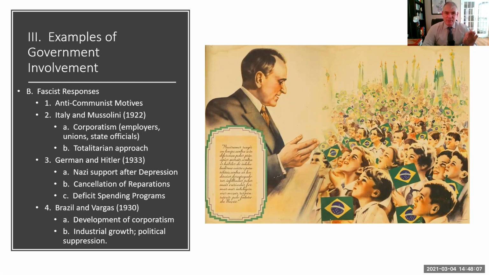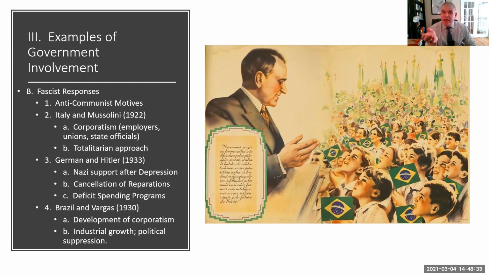Finally, we go to Brazil. And in Brazil, there's going to be a man named Vargas who is going to emerge as a result of a coup. And Vargas takes over in 1930 and he promises industrialism. And he's supported by the urban middle class. The urban middle class wants to see industrialization, and they think the landowning class is holding everything back.